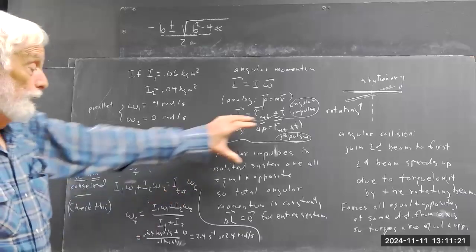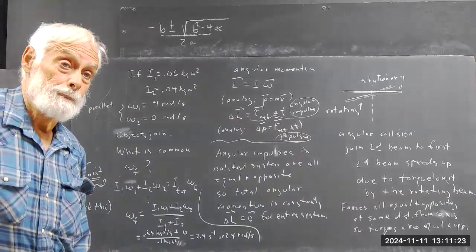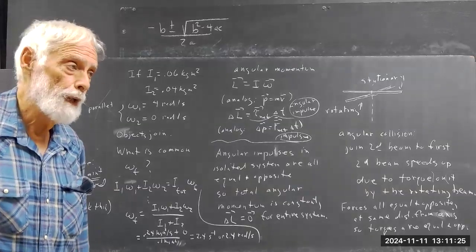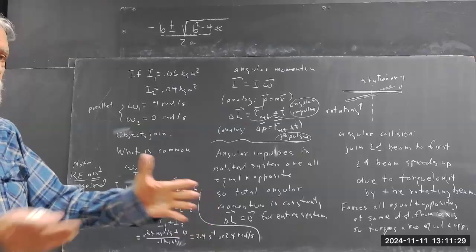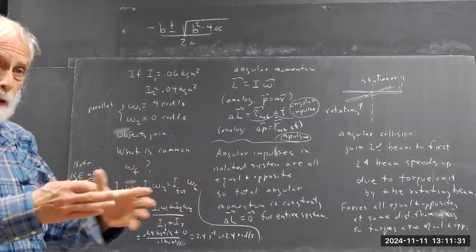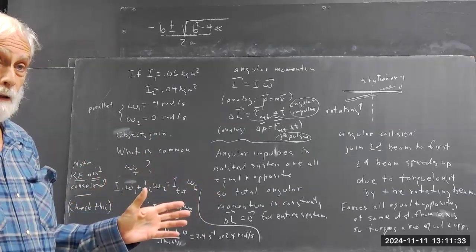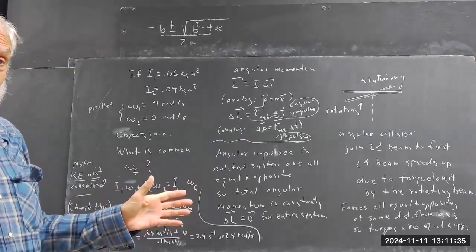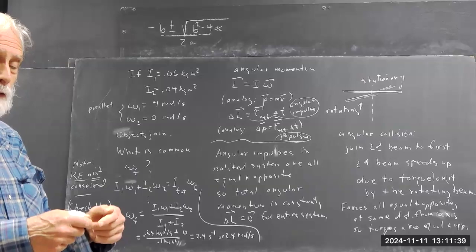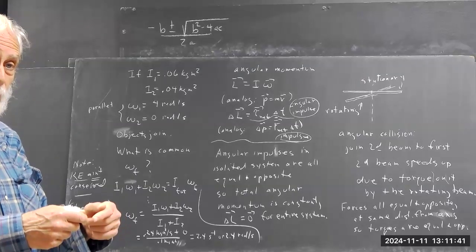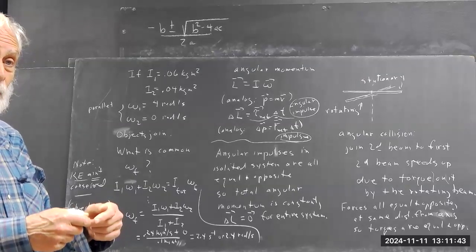Now, does that kind of give you an idea about angular momentum? In the case of an elastic collision, like the two magnets repelling, those are conservative forces. When the things are approaching, magnetic forces exert exactly the same force at a given position as when they're repelling.